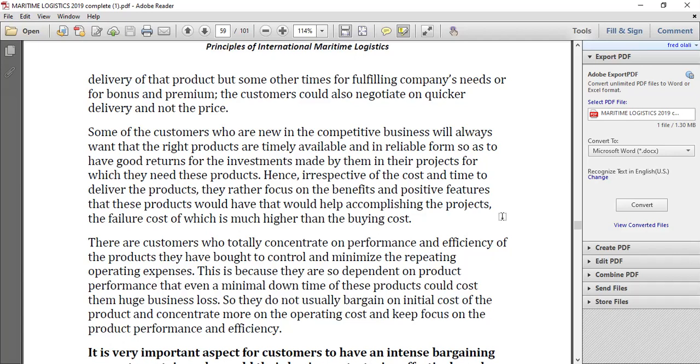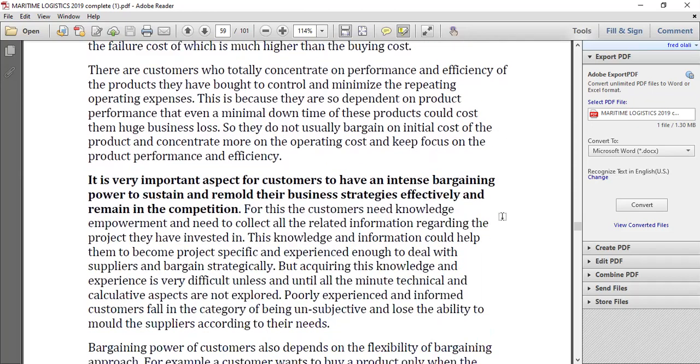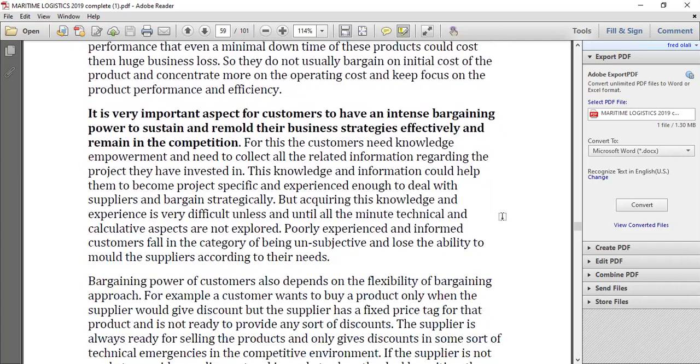So they do not usually bargain on the initial cost of the product and concentrate more on the operating cost, keeping focus on the product performance and efficiency. So it is an important aspect for customers to have intense bargaining power to sustain and remold their business strategy effectively and remain in the competition. It's very, very vital for us to do that.